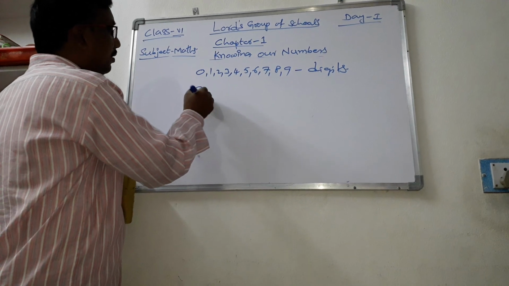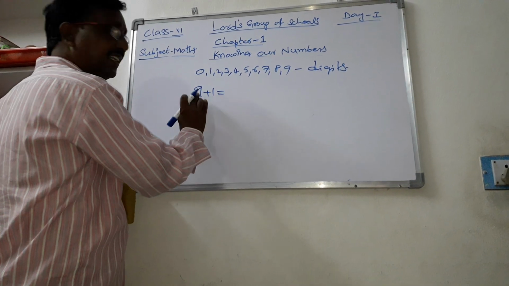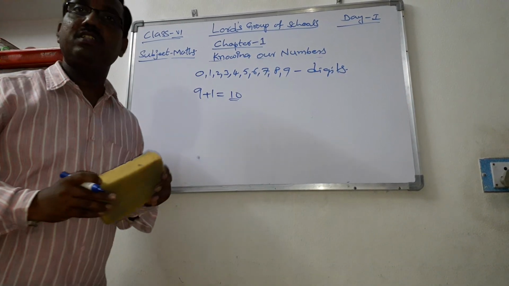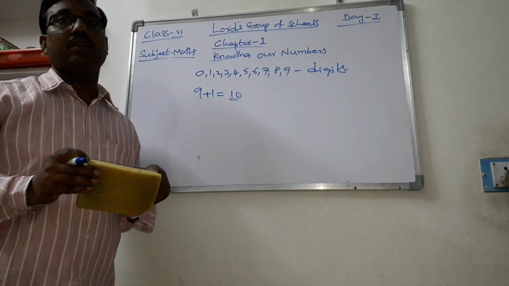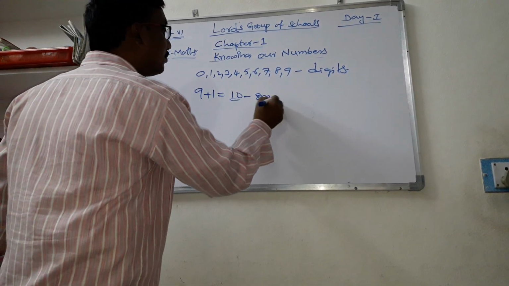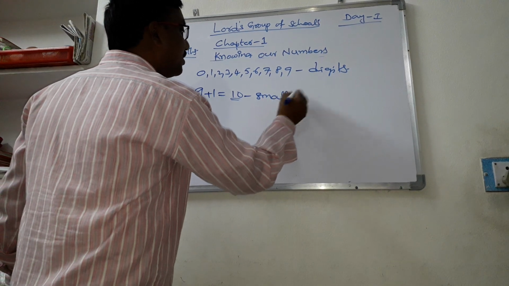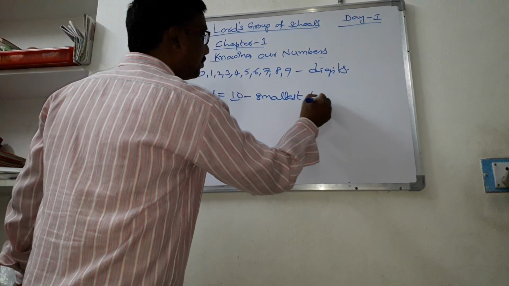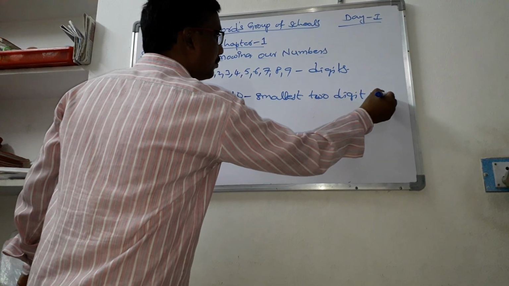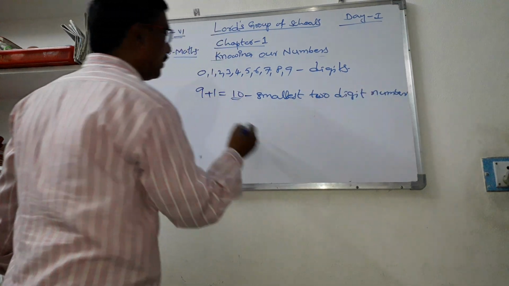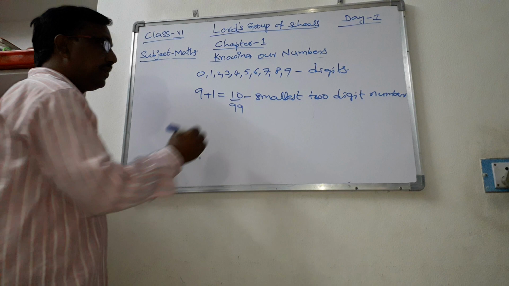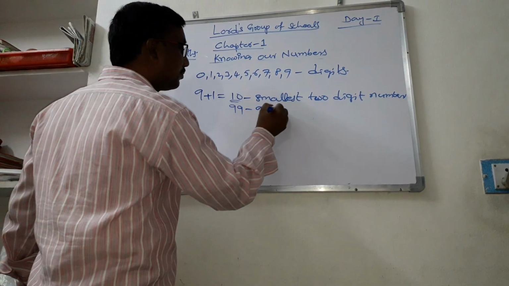If you add 1 to the greatest digit, we will get 10. 10 is the smallest 2-digit number. And if you write 9 and 9 together, it will be called the greatest 2-digit number.